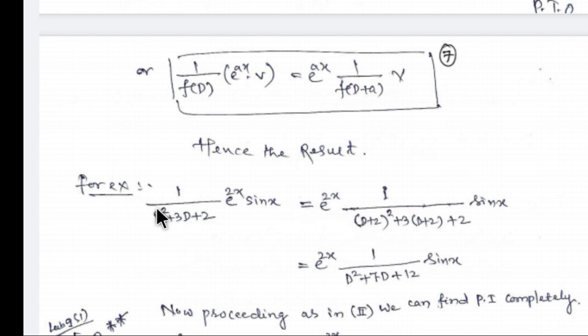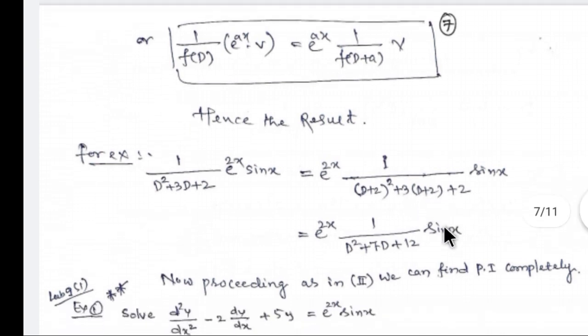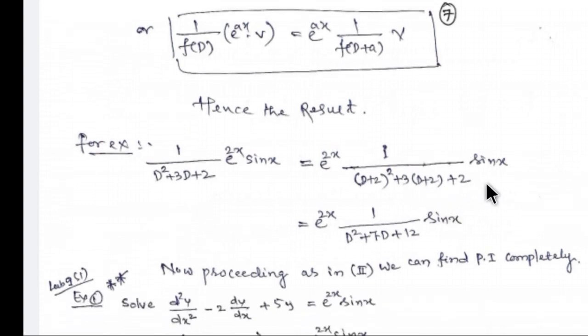Wherever D is there, put D plus 2: (D plus 2) whole square plus 3 into (D plus 2) plus 2, and sin x you write as it is. Okay, this is equal to e raised to 2x into 1 divided by, after expanding and adding, D square plus 7D plus 12, then you can operate this on sin x.